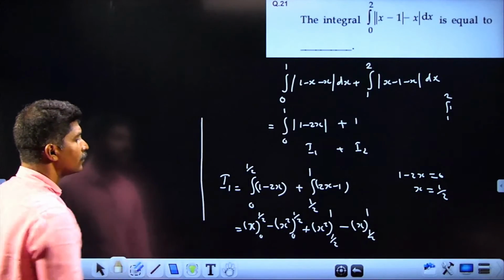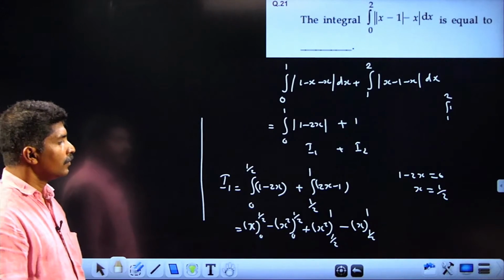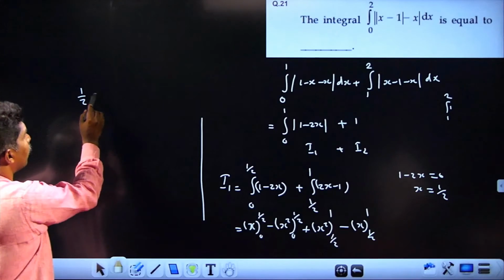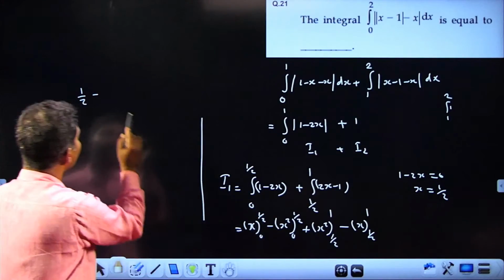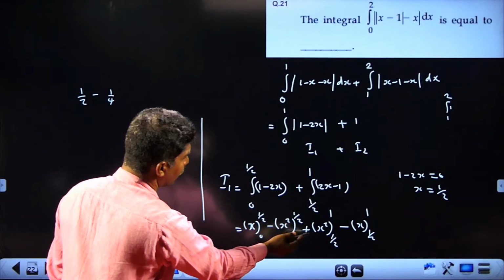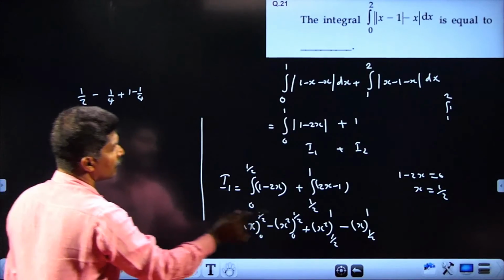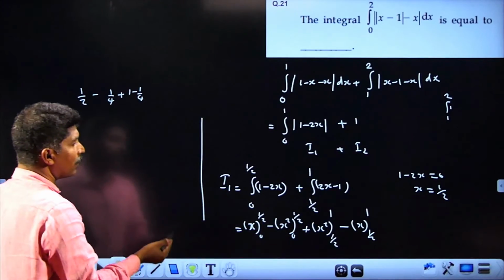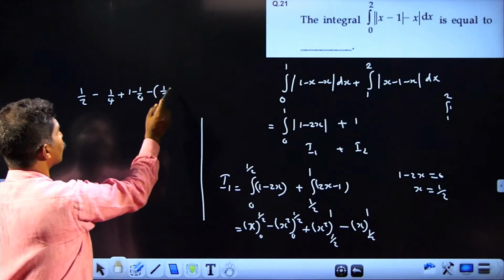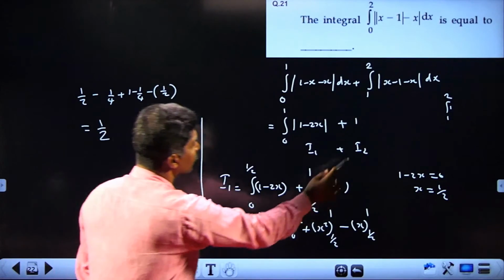This is nothing but 1 by 2 minus 0, minus of 1 by 4 minus 0. This again 1 minus 1 by 4. This again 1 minus 1 by 2, that is equal to 1 by 2. And simplifying you will be getting this as 1 by 2, and already you got this is actually 1.